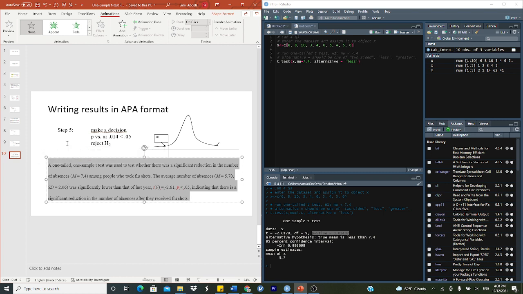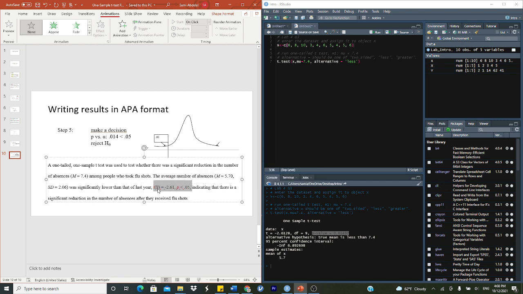By template, I mean there's the type of analysis that we did, and then we're saying what the hypothesis was. So whether there was a significant reduction in the number of absences, we gave the population mean as well among people who took flu shots. And now we're giving our descriptive statistics that we got. So make sure to include the mean and the standard deviation, because the mean alone is not going to tell us anything. We need that standard deviation there to understand the sample a little bit better. And then also write your answer out here.